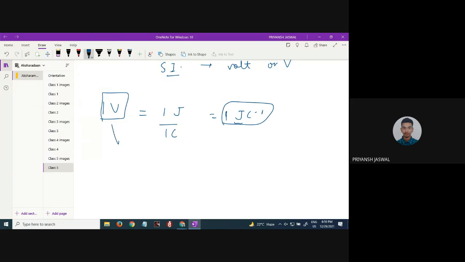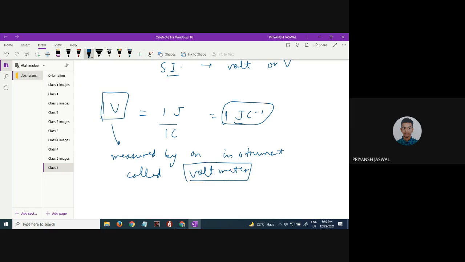And this potential difference across 2 points is measured by an instrument called voltmeter. And its symbol is a circle with V, and 2 terminals, plus and minus.